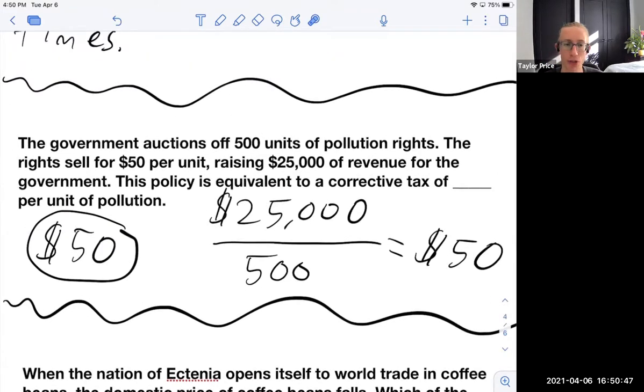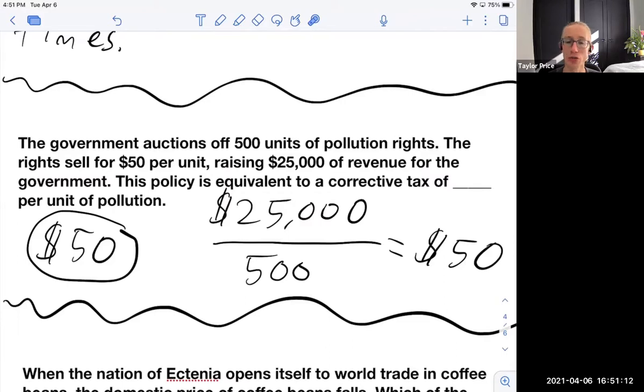The next question then was asking about permits. So the government auctions off 500 units of pollution rights. The rights sell for $50 per unit, raising $25,000 of revenue for the government. This policy is equivalent to a corrective tax of what per unit of pollution?